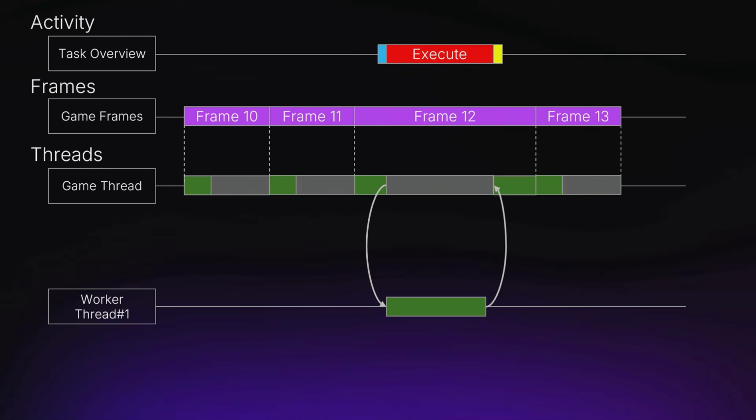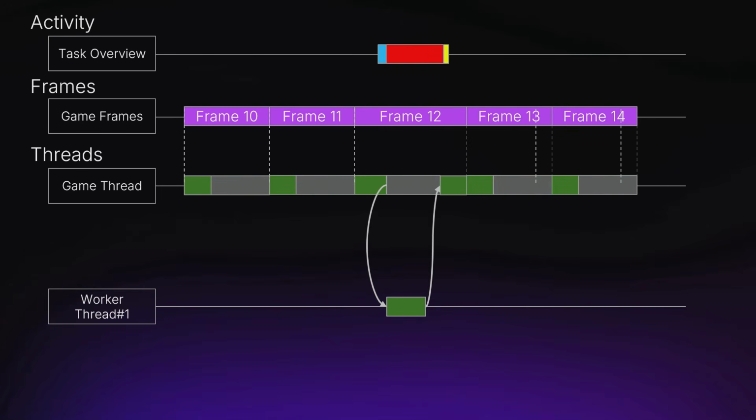Notice that during frame 12, the worker thread is busy, while the game thread is relatively short. That suggests a heavy task is running on the worker thread and driving the frame time overall. In this kind of situation, the solution lies in optimizing the worker thread. Comparing thread timelines lets you clearly identify where the real bottleneck is happening.